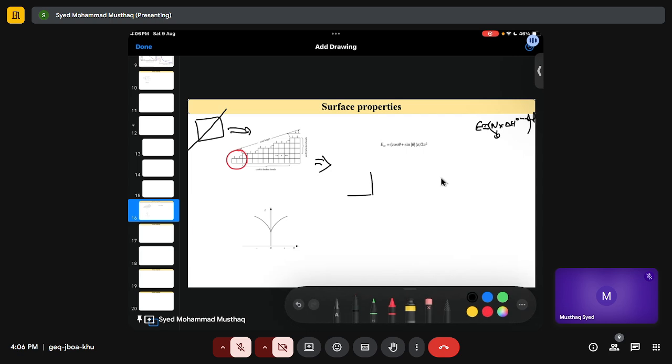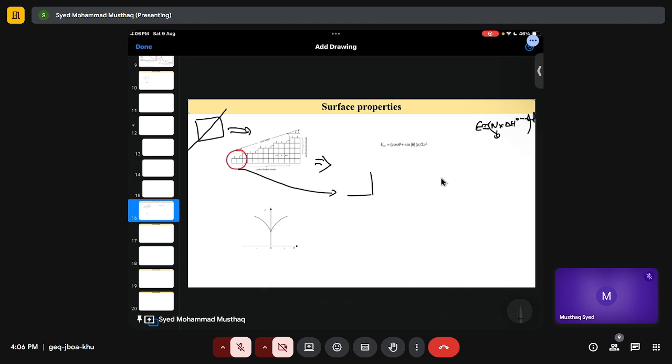Now I'm trying to zoom into this part, okay? So this is my horizontal part and this is my vertical part. Now the horizontal part has also lost some bonds. The vertical part also has lost some bonds. Right. And there is also this third dimension.